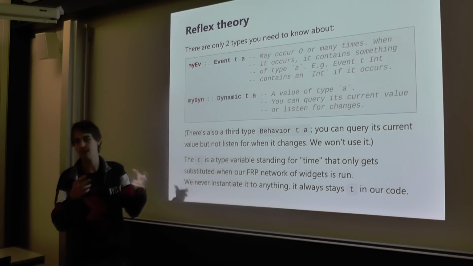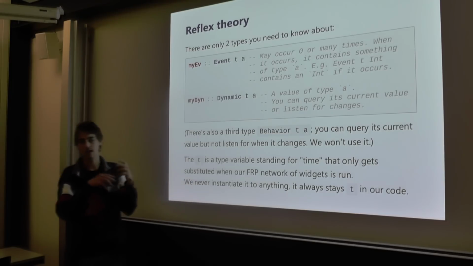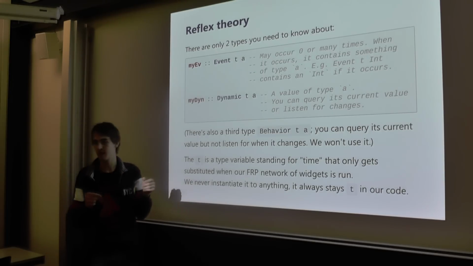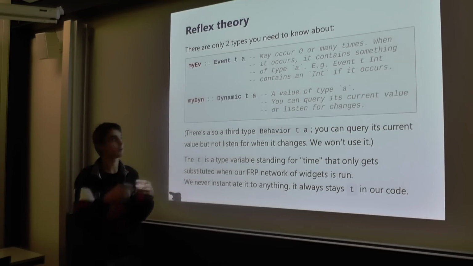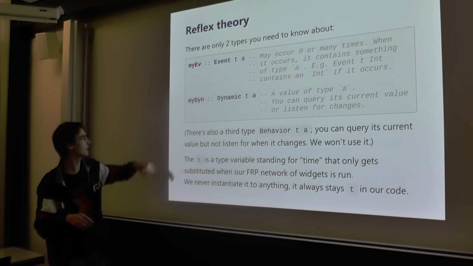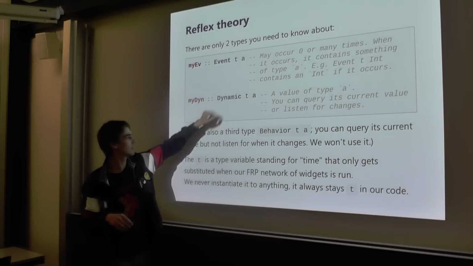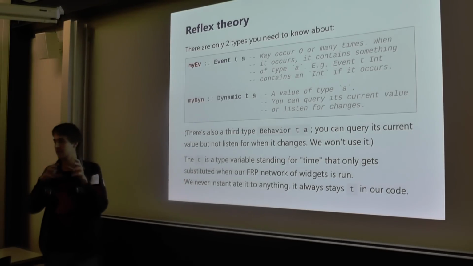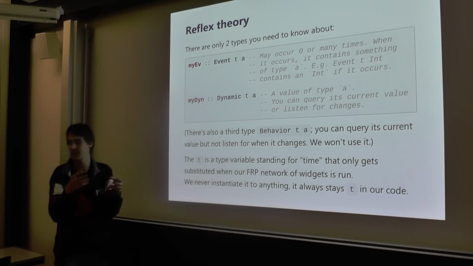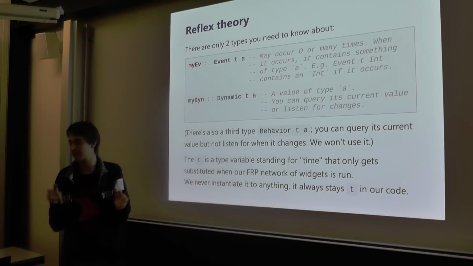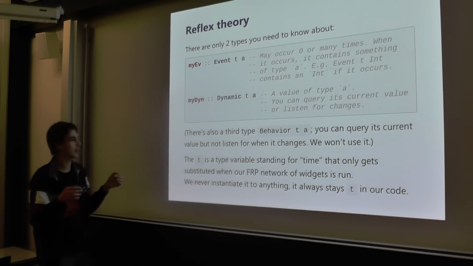You can make your own events. For example, if there's a text field and you click a submit button, then this event could contain the string that you want to submit through this text field. The other type is a dynamic, and a dynamic is one of these variables that are observable. You can listen for changes, or they will tell you when they change, and they will tell other elements in your DOM when they change.